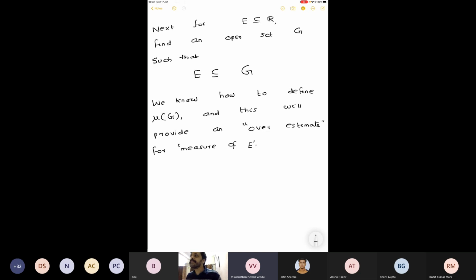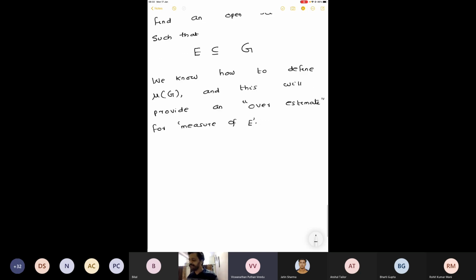So now the question is how to get the best overestimate. Okay, so consider the best overestimate, and that can be treated as the measure of E. So what will be the best overestimate? Given a set, you put it inside an open set, and then you consider the measure of the open set, because I know how to measure open sets. If you want the best overestimate, what should I do?